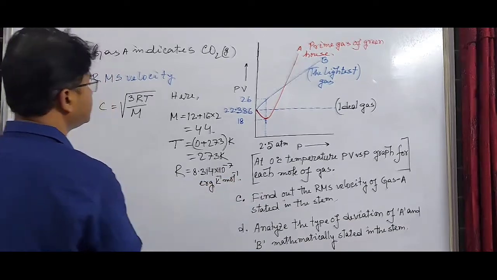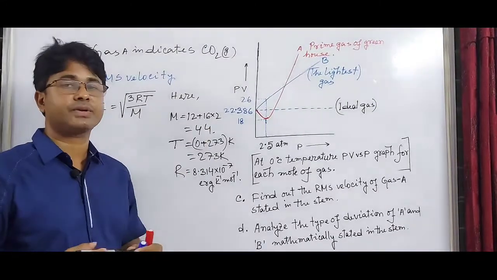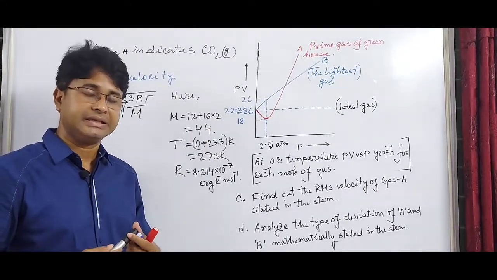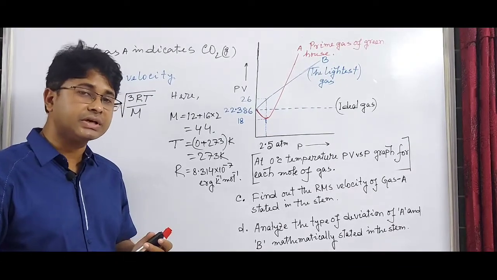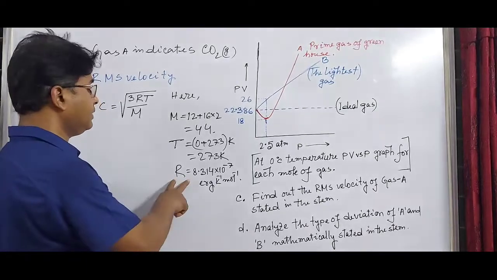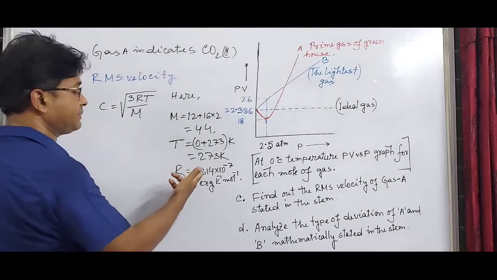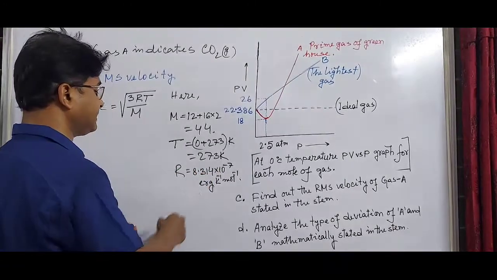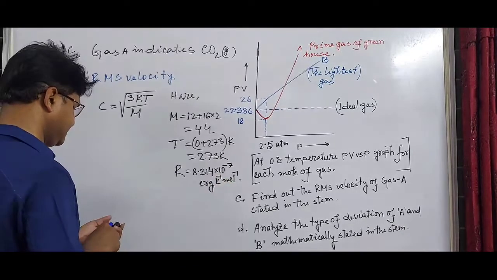Dear learners, the molecular mass is 44, which is naturally in CGS unit. That's why I have to use the value of R in CGS unit, and this is the CGS unit.